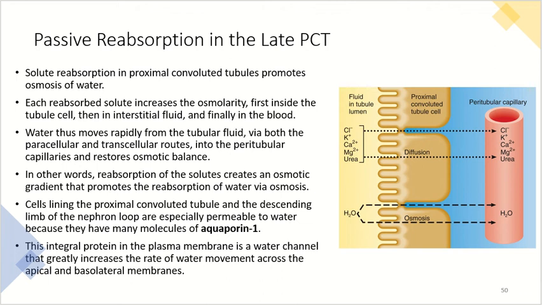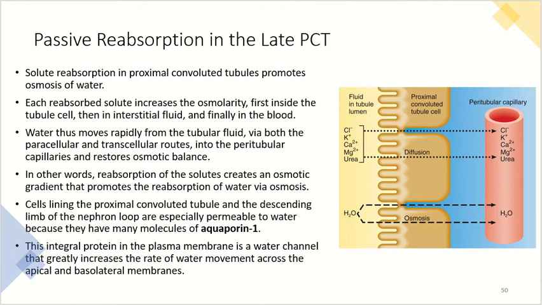So then water is going to move, therefore, more rapidly from the tubule fluid via both the paracellular and transcellular routes. And it's moving into the peritubular capillaries and is going to help to restore osmotic balance.